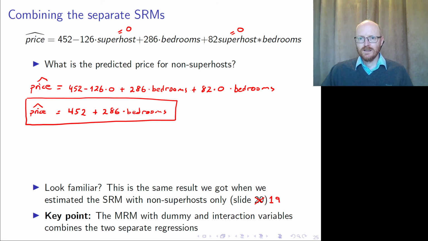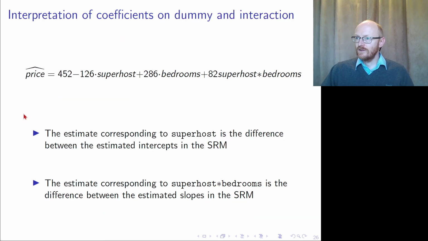Okay, so what we are doing now is looking at the interpretation of the coefficients on dummy and interaction terms. What we have here is that the coefficient on superhost is the difference between the estimated intercepts in the simple regression models.